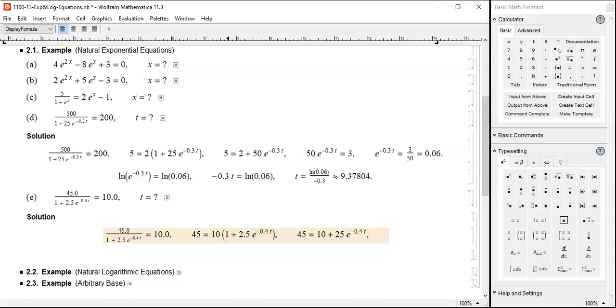So 45 minus 10 is 35. So the exponential is equal to 35 over 25, which is 7 over 5. Both are divisible by 5. And in terms of decimal, what is it? Multiply by 2, then that's 10, and that's 14. Yeah, 14 over 10, so it's 1.4.